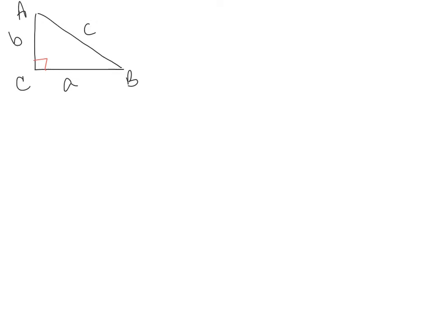Next thing I'd like to do is draw the altitude, and I'm going to label it h. We draw the altitude h from the right angle to the hypotenuse, so it splits the hypotenuse at point D. Okay, giving us y here and x there.